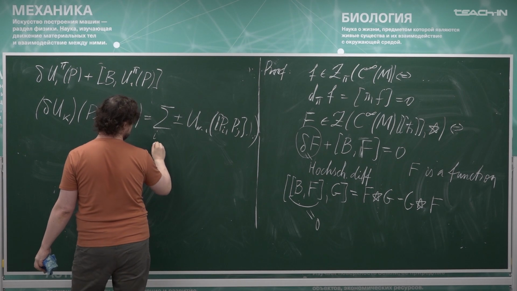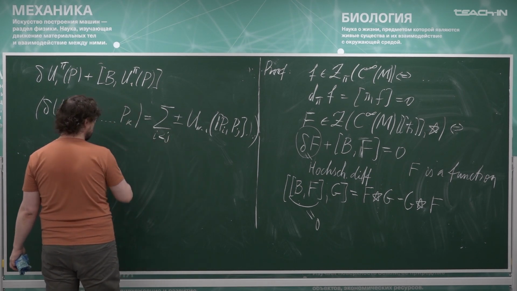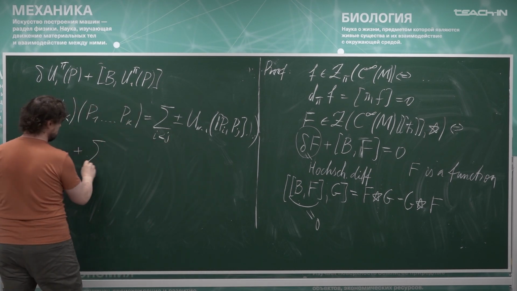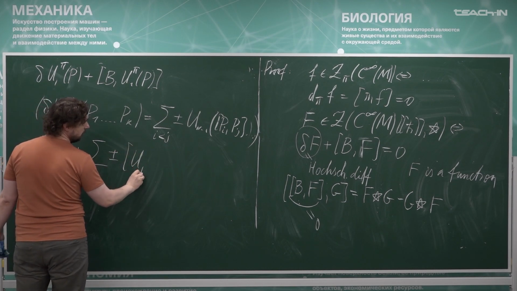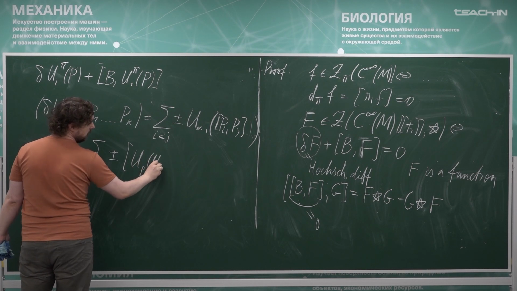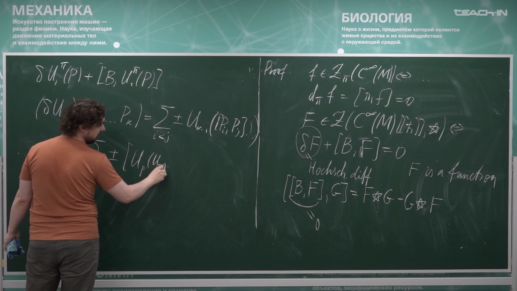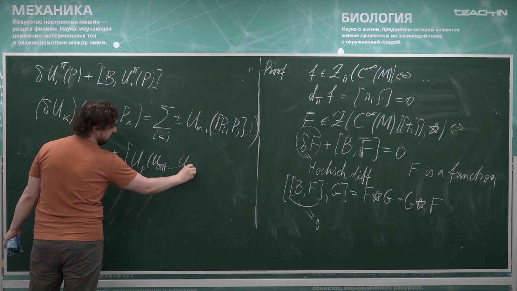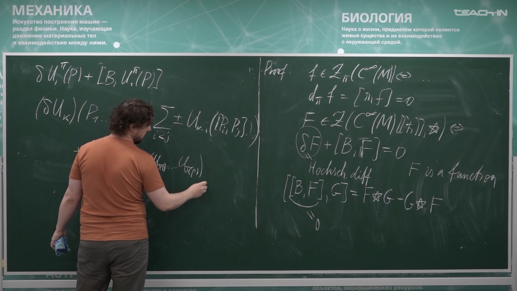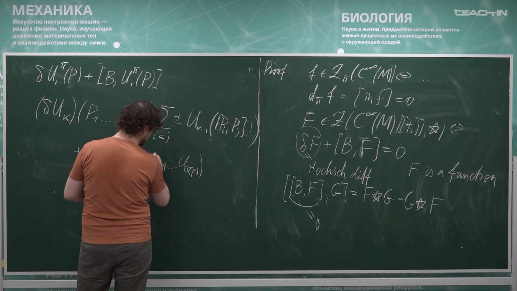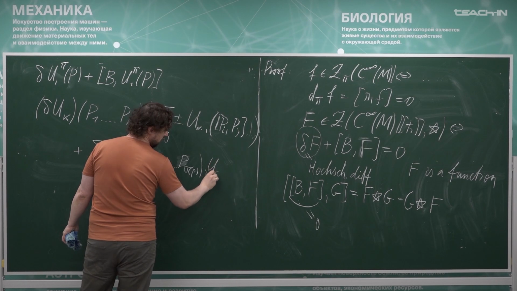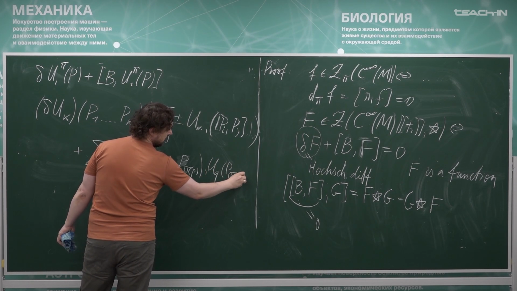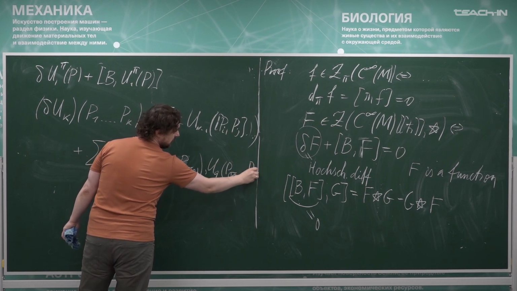So the sum is taken for all i less than j, plus a sum, again with certain signs, of U_p of P_sigma(1), ..., P_sigma(p), with U_q of P_sigma(p+1), ..., P_sigma(n).